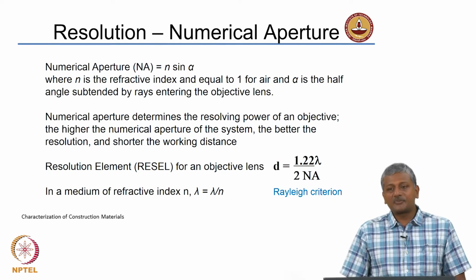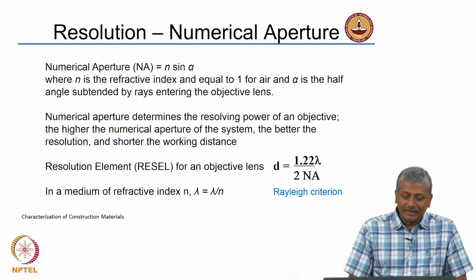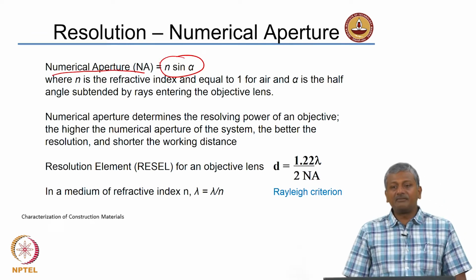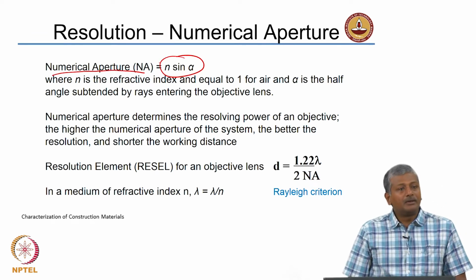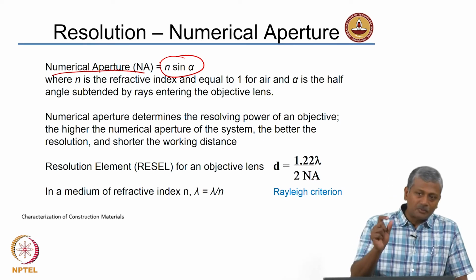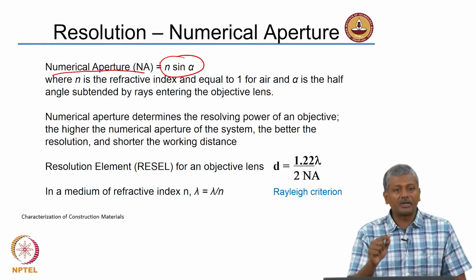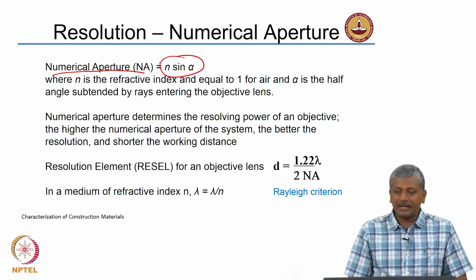So, one of the important aspects as far as resolution is concerned is the numerical aperture of a lens, which is nothing but the refractive index n multiplied by the sine alpha, where alpha is the half angle subtended by the rays entering the lens. Okay. So, if you observe any microscope, the lens that is provided with the microscope, they will have some symbol called NA, that is nothing but numerical aperture of that lens, and that is nothing but n times sine alpha.